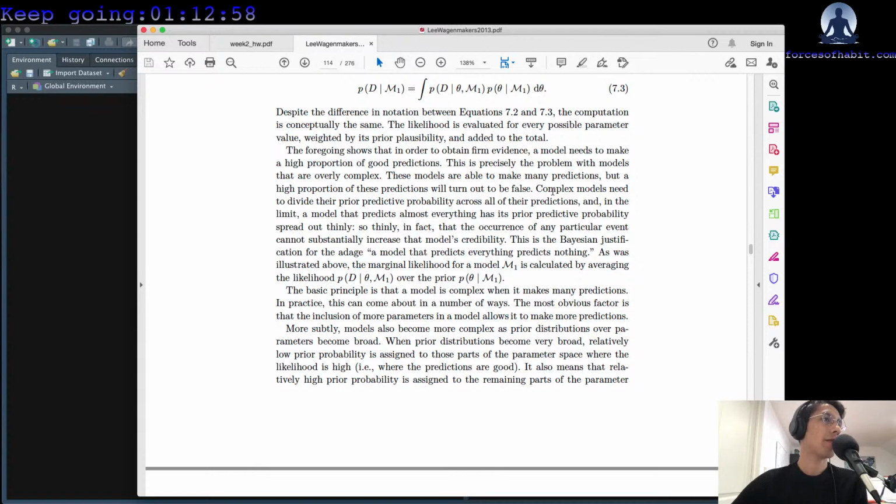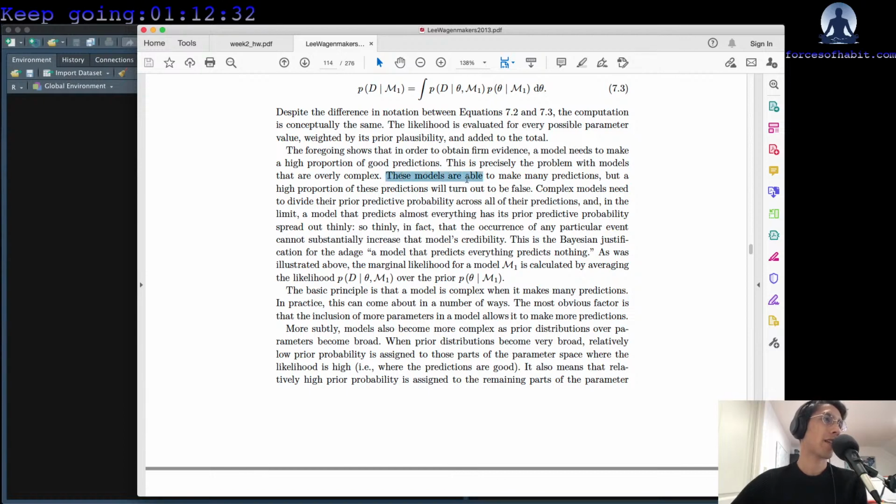So now we're talking about one of the big takeaways of this chapter, which is that complexity is a burden for models, in that models that are complex can make a lot of predictions. But amongst those predictions, that doesn't mean that they're good predictions, right?